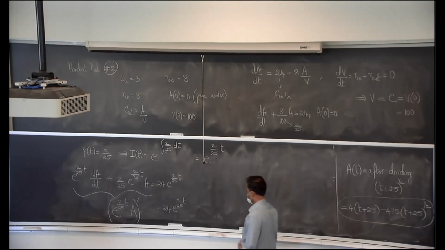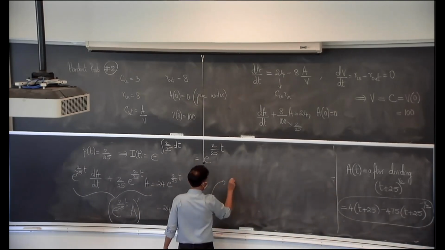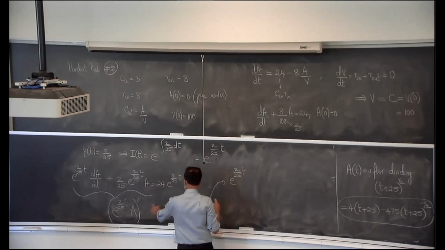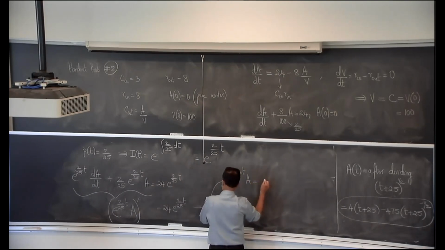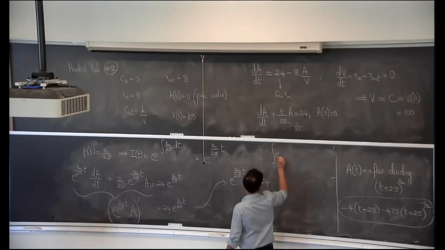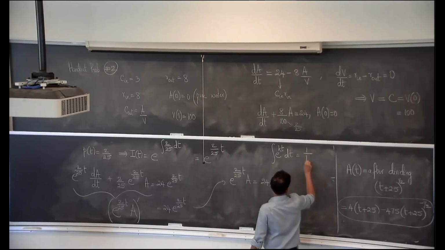Integrate both sides. Times A equal to 24. Don't forget this: e to the power of kt dt is 1 over k e to the power of kt plus c.